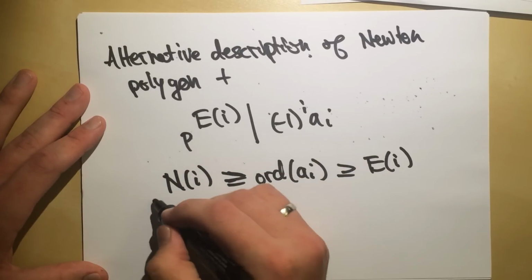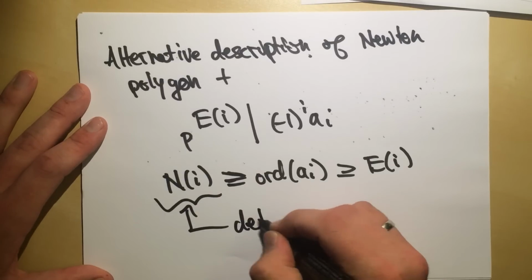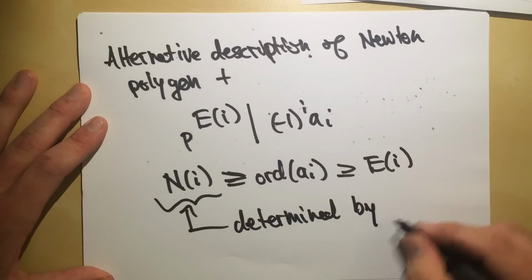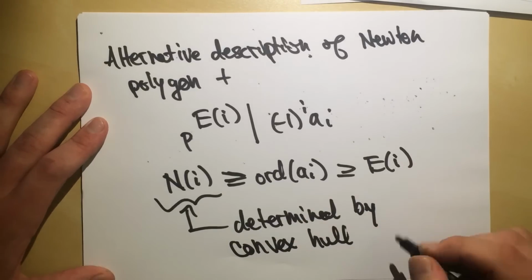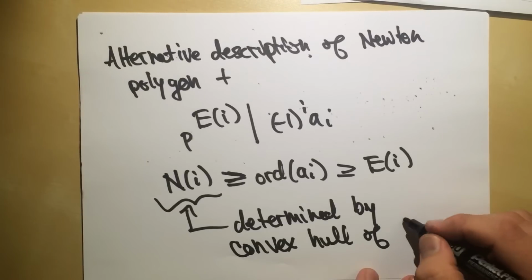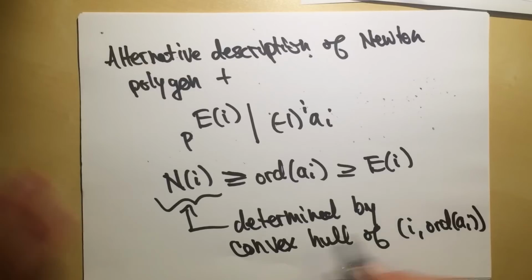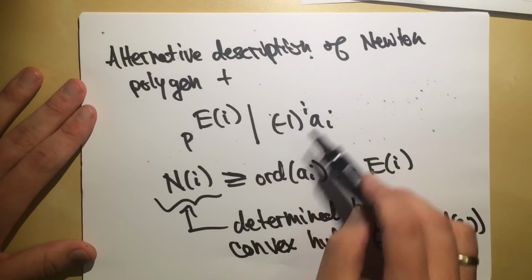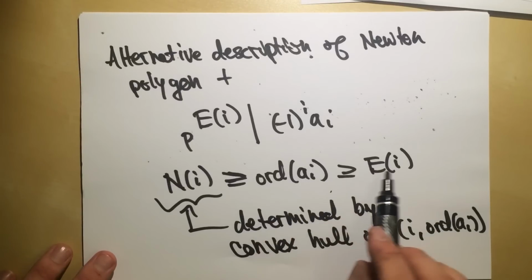Because this is the convex hull, it is determined by the convex hull of these i's and the orders of these a_i's. This was the alternative description of the Newton polygon. So we had this divisibility, which told us that here this is strictly above here.